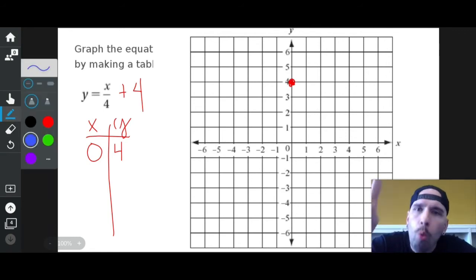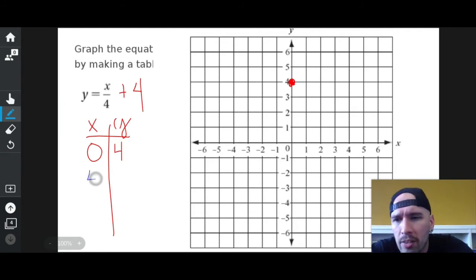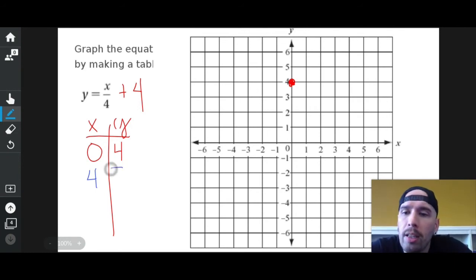Now, what I don't want to do is try 1. Why? If I plug in 1, I would get 1 over 4 plus 4, which is 4.25. And I guess it's possible, but I'm going to be a little clever here. I'm going to plug in 4, because if I plug in 4 for x, 4 divided by 4 is 1, and 1 plus 4 is 5.